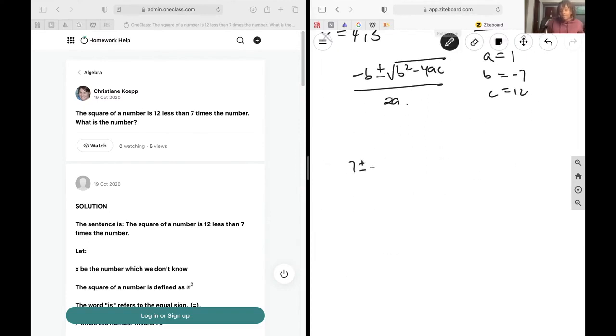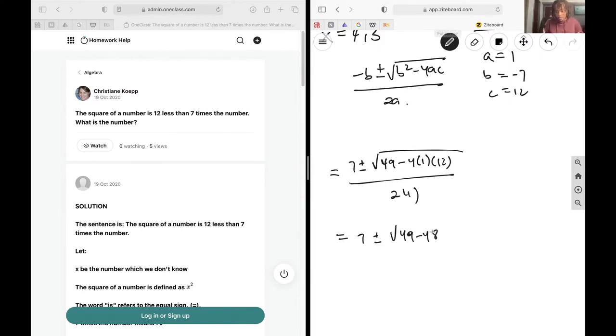So I get 7 plus or minus the square root of 49 minus 4 into 1 into 12, all over 2 by 1. This will give me 7 plus or minus the square root of 49 minus 48.